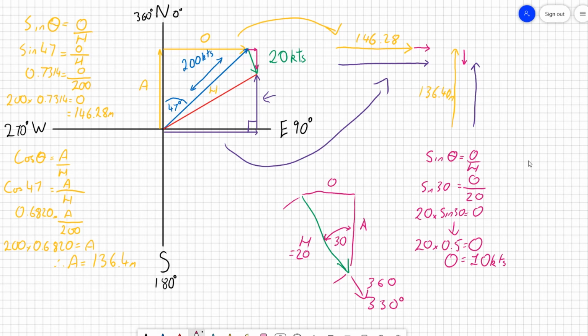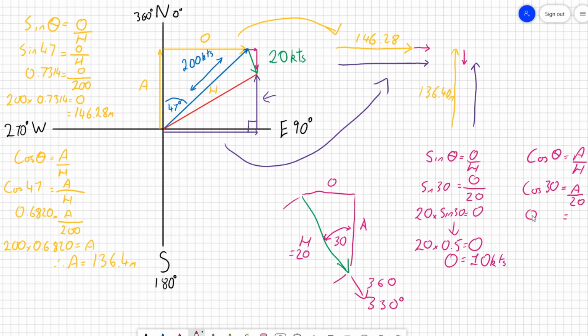Okay, so from there I'll go to cosine. Cosine theta equals adjacent over hypotenuse. So cos 30 equals adjacent over 20.